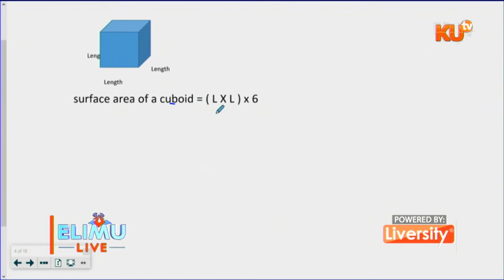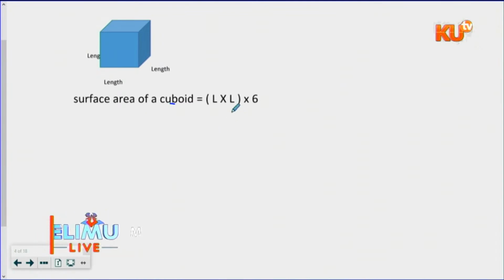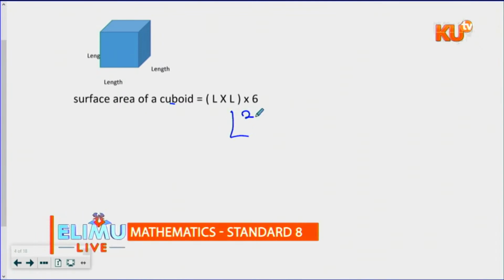Somewhere you will get the formula written, like in this case we've used length, it will be written L squared, then multiplied by 6. That simply means that the answer you get after working out what is inside the bracket, you multiply by 6.